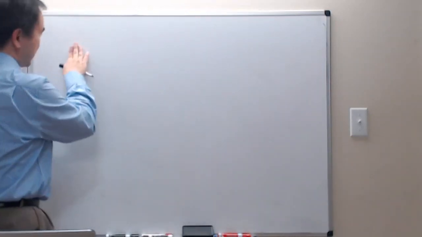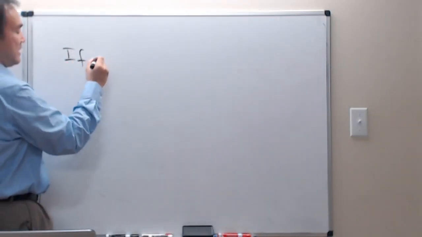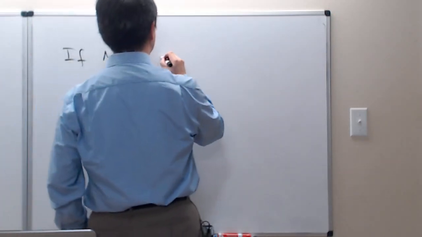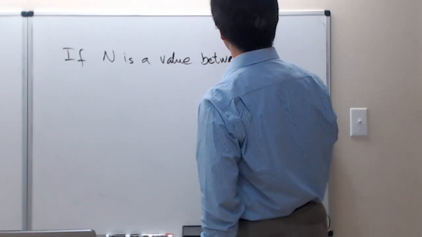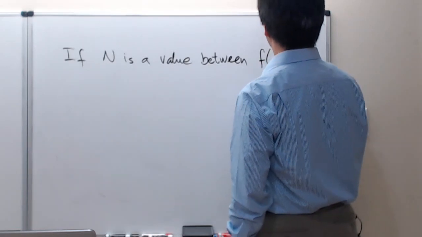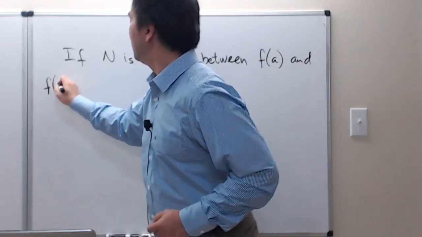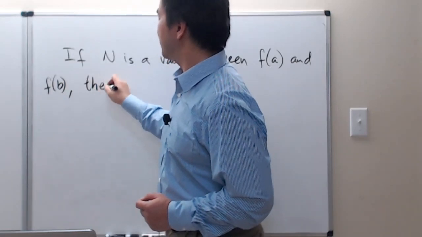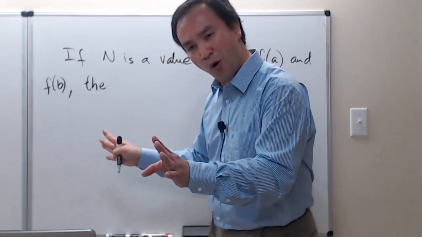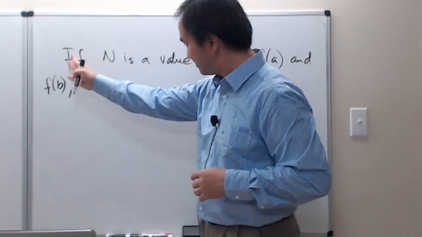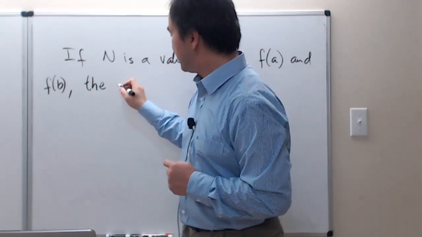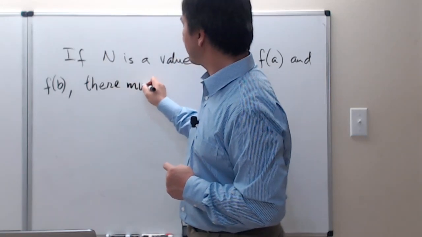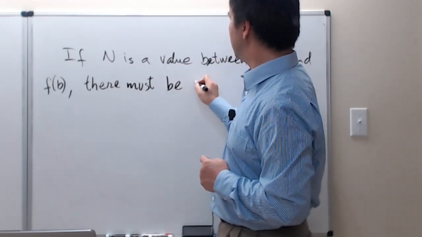The very final statement says, if n is a value between f of a and f of b, then there must be a value.